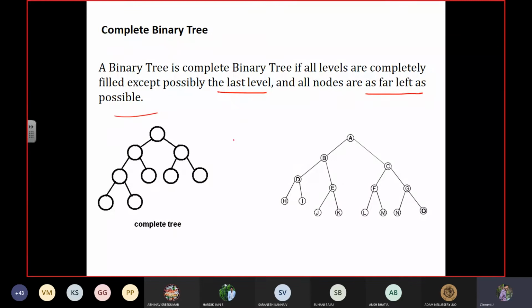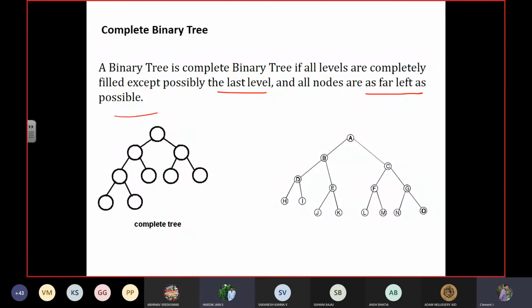If it is not followed at even one intermediate level, if it is arranged on the right hand side and not filled on the left hand side, that also means not completely filled. Is it clear up to this?